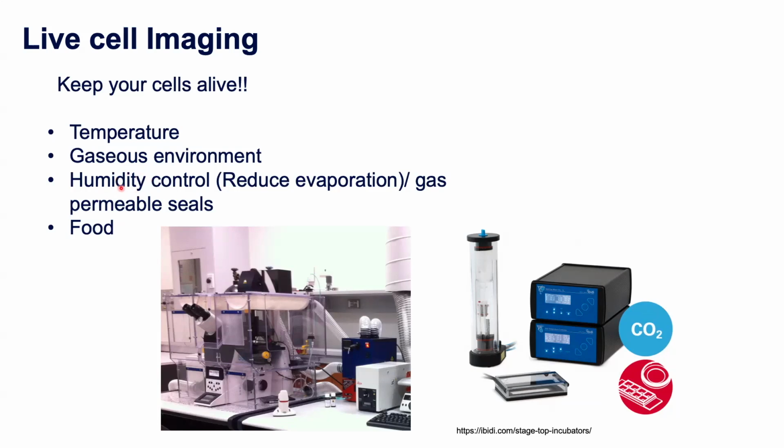So often we want any gas that's coming into the system to be humid, and you often get a bubbler type system like this within the flow of air that's coming in, just to make sure that you can maintain humidity and stop that evaporation.